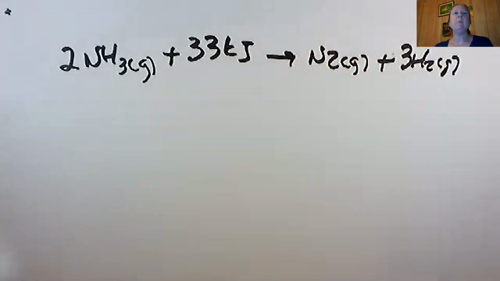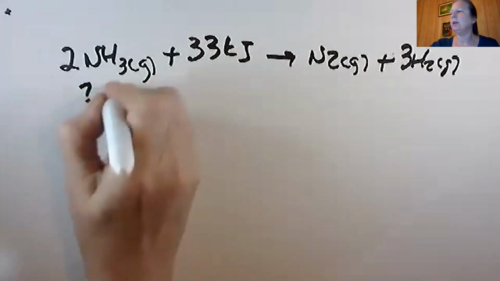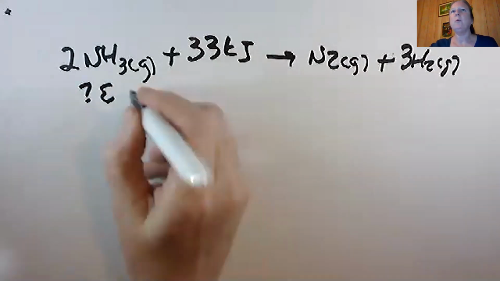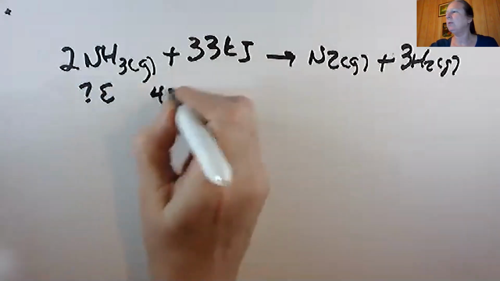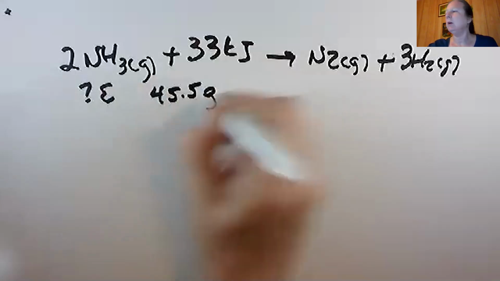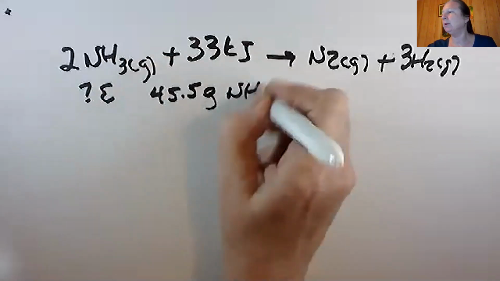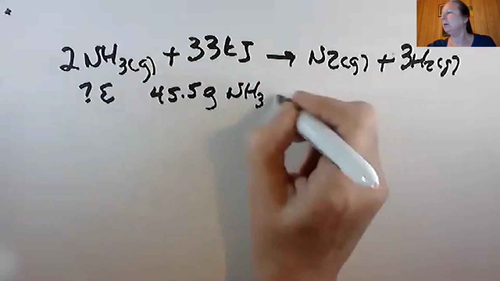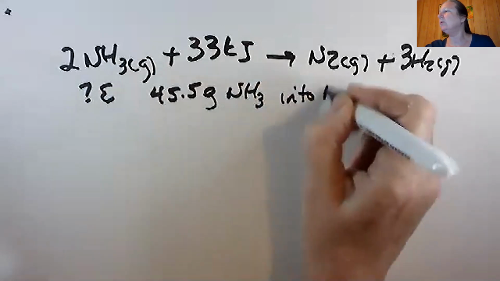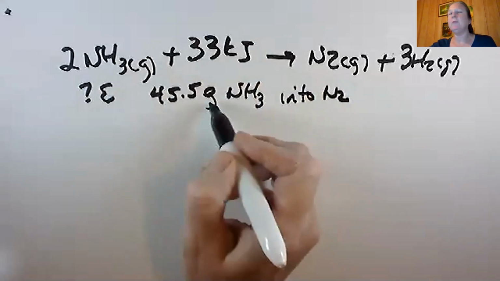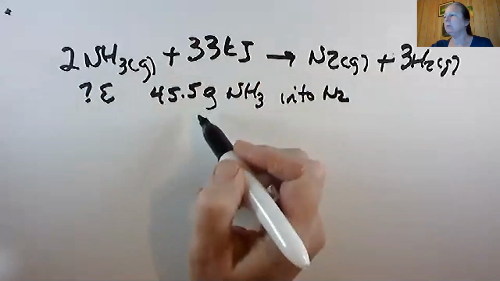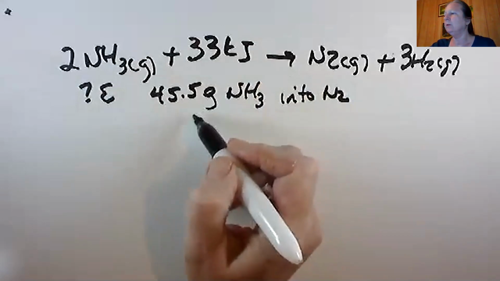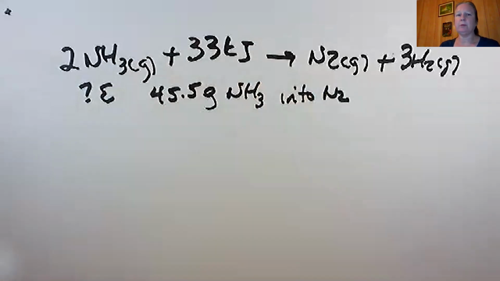Okay. The question is, how much energy will it take to convert 45.5 grams of ammonia, that's NH3, into N2? In other words, we have 45.5 grams that we are going to convert into the products.